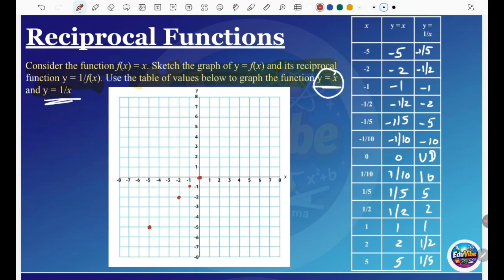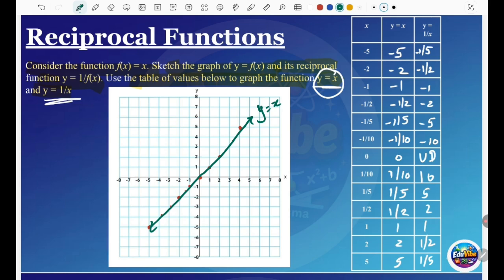So 0 comma 0 I put, then 1 comma 1, then 2 comma 2, then 5 comma 5. You have to plot these too. These points lie on the same line, and you will get a straight line. If you make that line and put the arrows like this, you will get this graph, and this is y is equal to x.